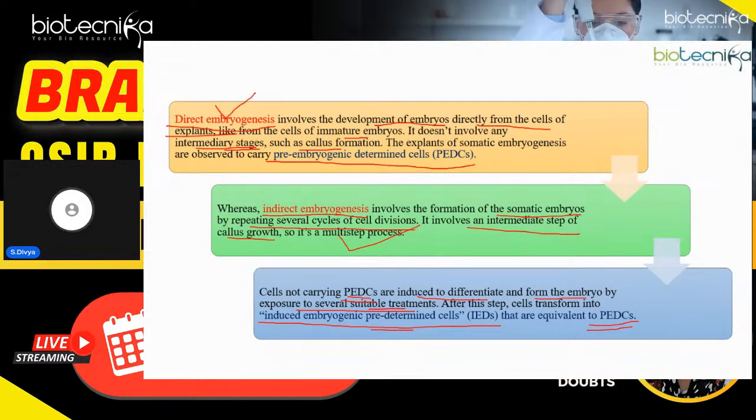Direct embryogenesis is related to pre-embryogenic determined cells, because there is no intermediate stage, direct development takes place. Indirect embryogenesis is a multi-step process where you are inducing it to undergo processes in such a way that it develops the pre-embryogenic determined cell. So that's the reason we call it induced embryogenic predetermined cells.